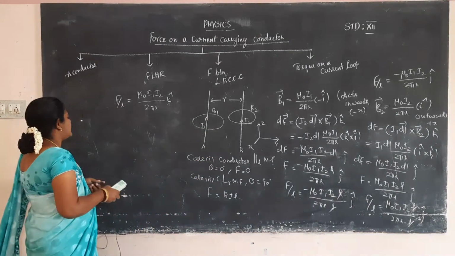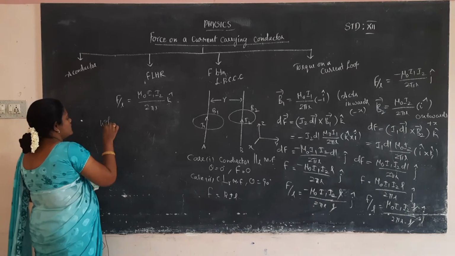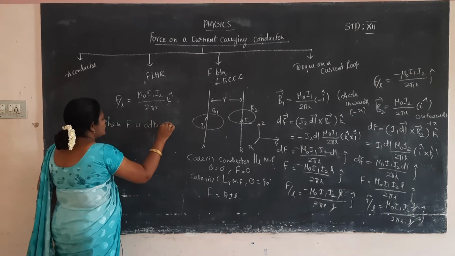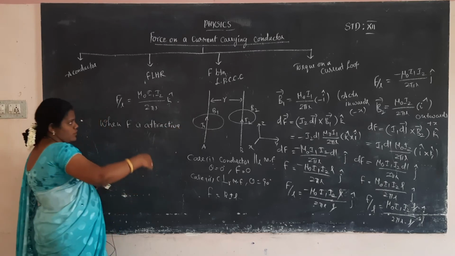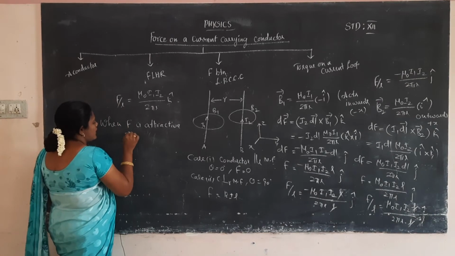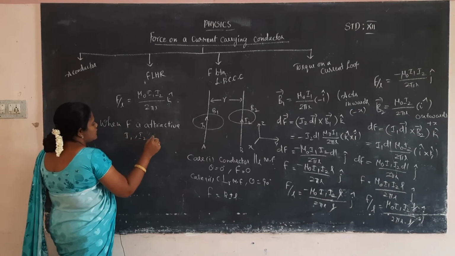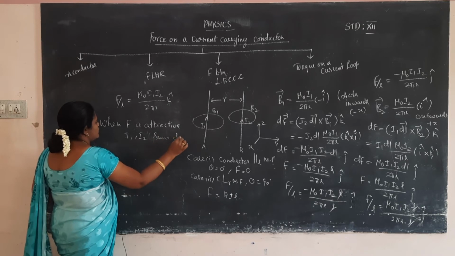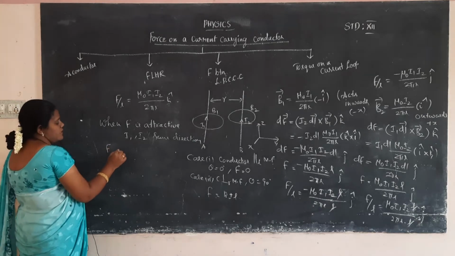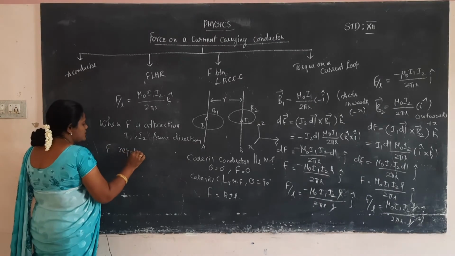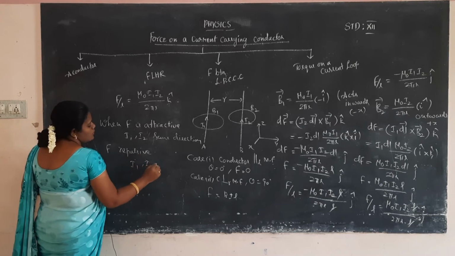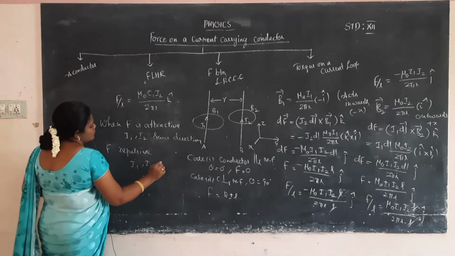The force is attractive when the currents flowing in the two conductors are in the same direction. So currents I1 and I2 are moving in the same direction. The force is repulsive when I1 and I2 are moving in opposite directions.